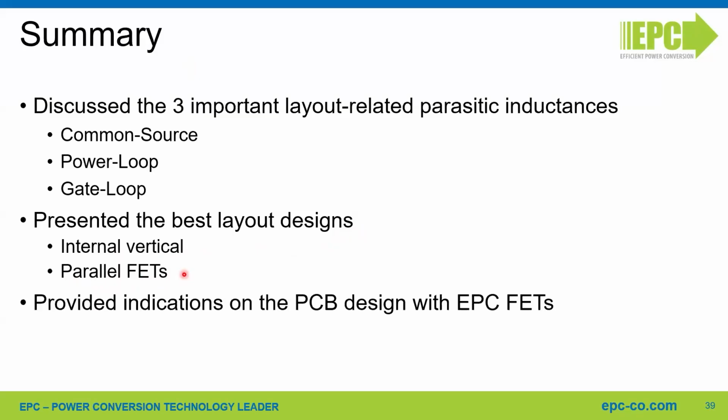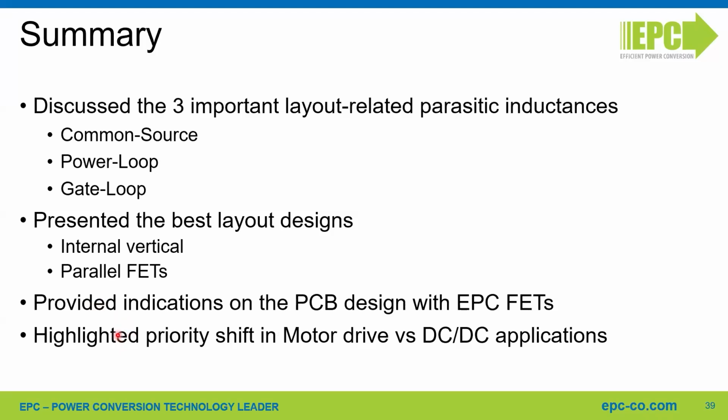This is the concept. Then we provided some guidance on the PCB design with our FETs. And regarding motor drive, the priority is optimizing the low inductances of the switching loop. The priority is to minimize the DC resistance from the bus connectors to the phase connectors and back to the ground connectors.